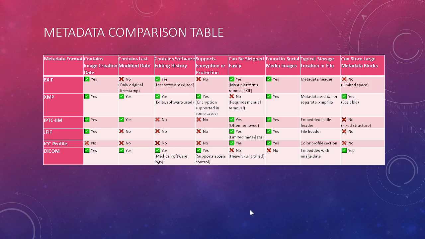Here they're talking about XMP. No, because of manual removal. If you upload a picture, it doesn't matter if it has any of these in place. If you upload it to applications, social media sites, there is a possibility it may strip the data and then convert or compress the file so it's a completely new file, where there is a possibility all copyright, all the metadata specific to the file could be removed.